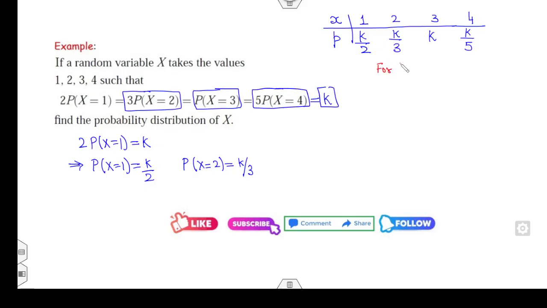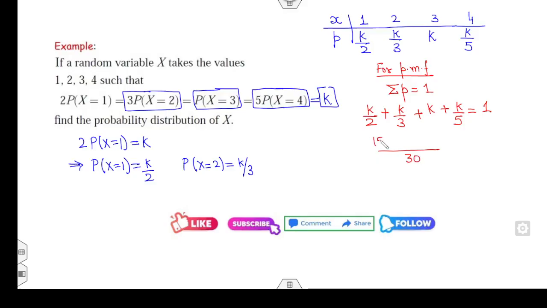Now, because it's discrete, for the probability mass function, the sum of the probability must be 1. So you can take the LCM: k over 2, k over 3, k, plus k over 5 is equal to 1. 30 is the LCM. Fine.